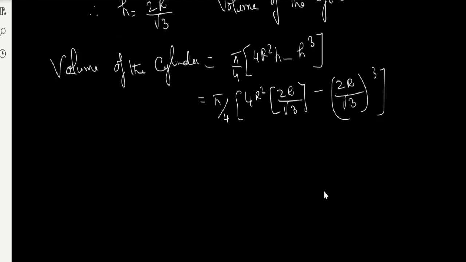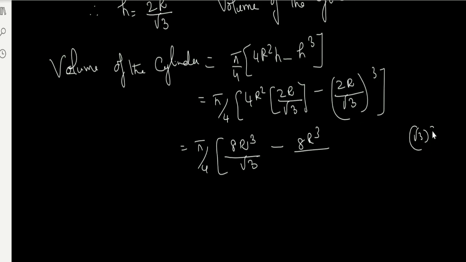So that is equal to pi by 4, 8r cube by root 3 minus 8r cube by root 3 whole cube. Root 3 cube is 3 root 3.